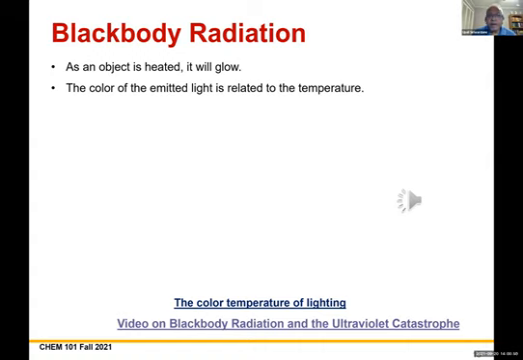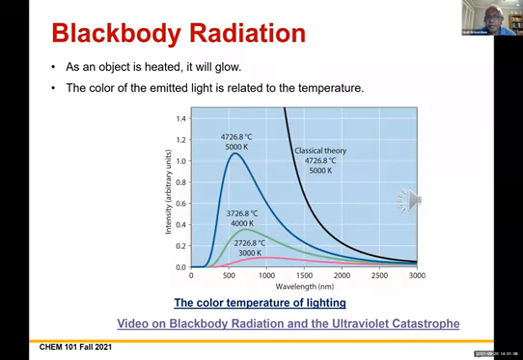The color emitted by the light is related to temperature. The higher the temperature of the black body, the higher the energy and intensity of the radiation.